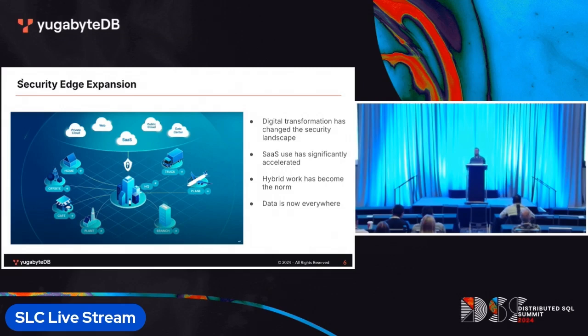And then, as we know, in the last 4 or 5 years, hybrid and remote work has become more and more commonplace, which further extends the edge which we need to secure. And as a result, data is everywhere. The most important data that needs to be protected is on end user devices, whether those are phones, laptops, IoT devices. It literally is everywhere.